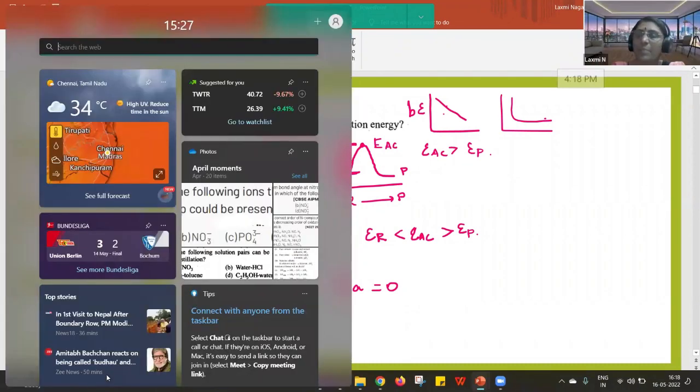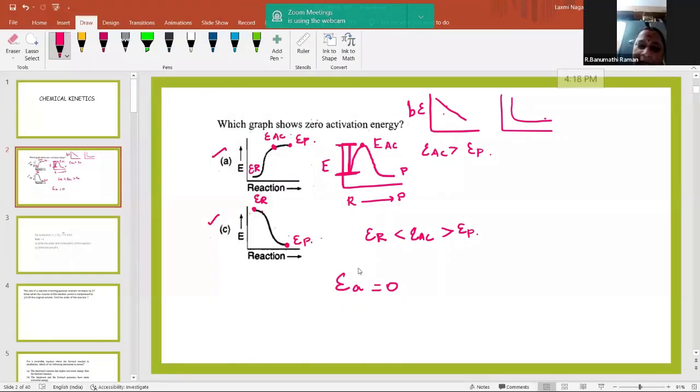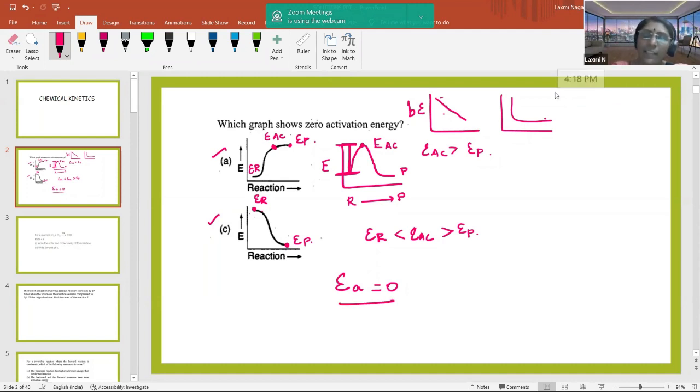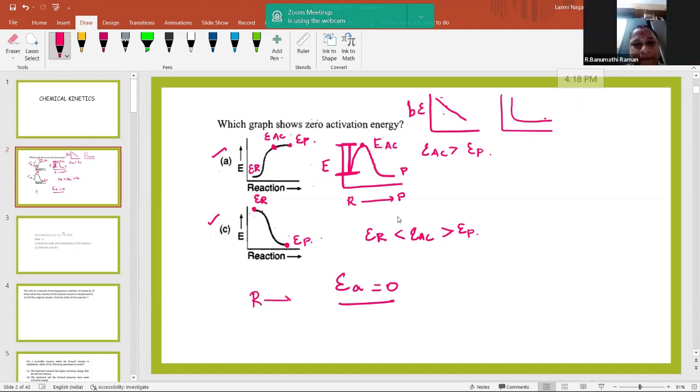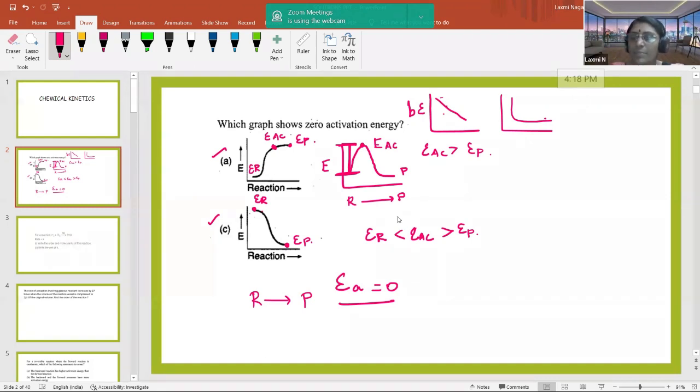After gaining that minimum energy only, the reaction will occur. Or if there is no energy barrier to cross, won't the reactants automatically be found as stable products, ma'am? That can also be possible now.